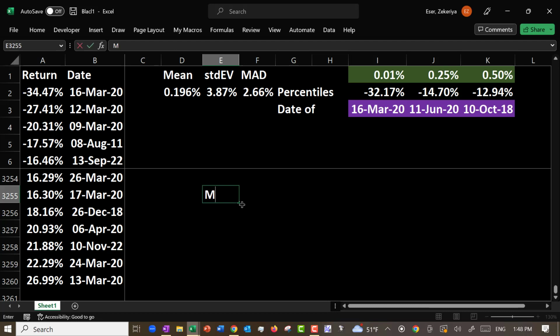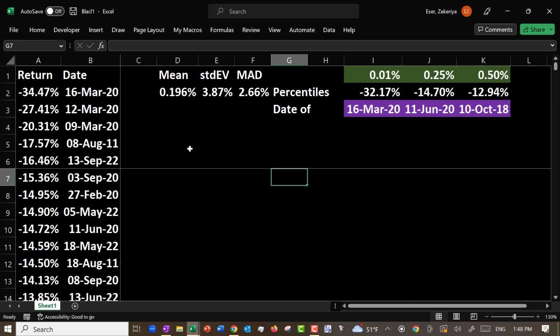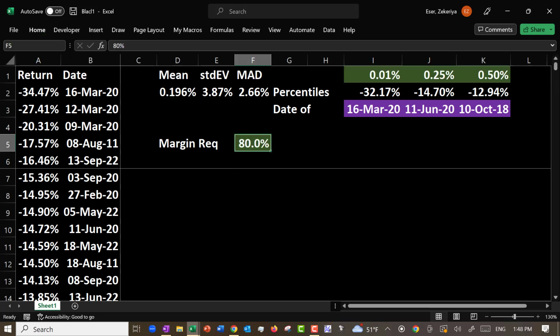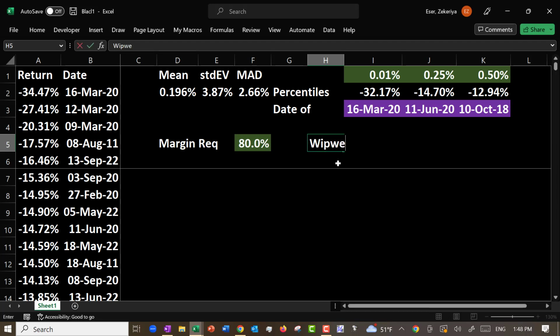So if you do margin requirement, oops, I don't want to write it here. So let's figure out wipeout rate, okay?